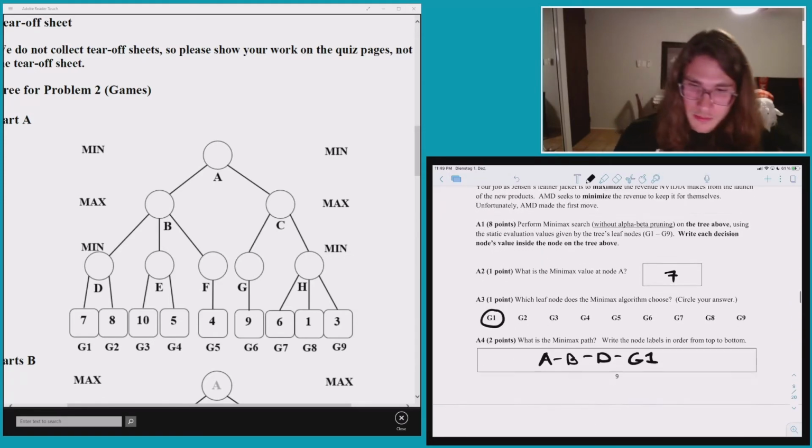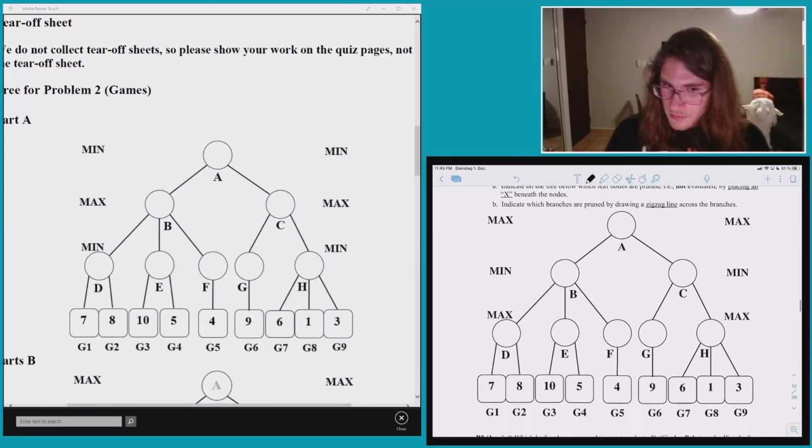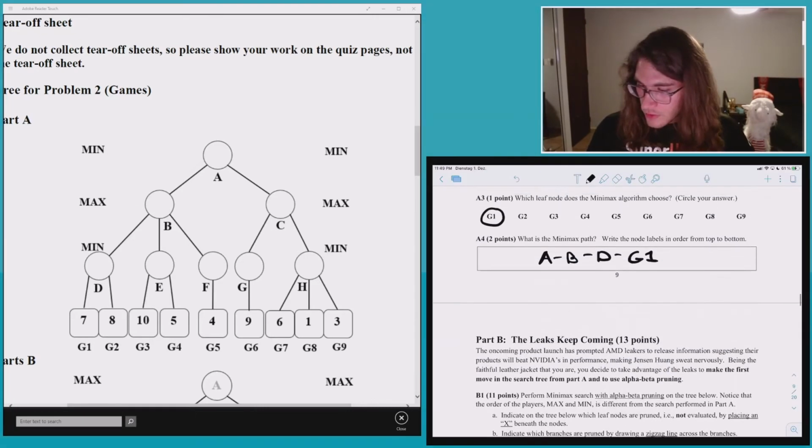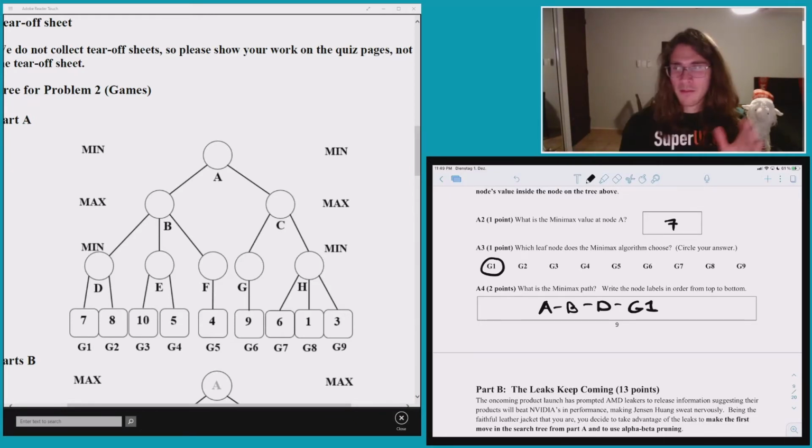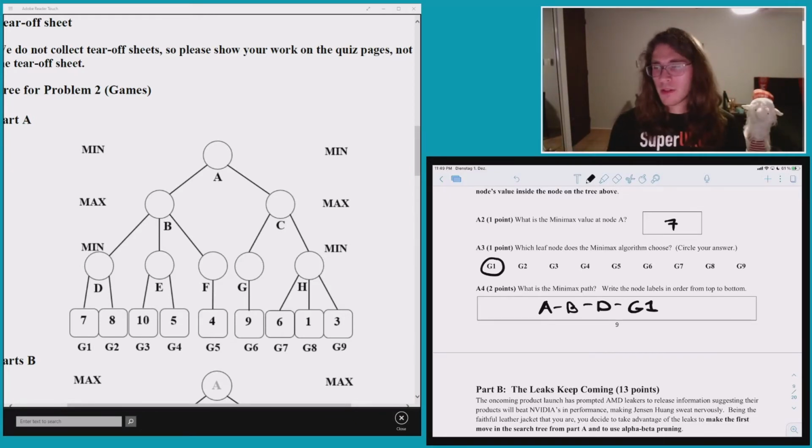Just double checking. So, to be strict, write the path from left to right, top to bottom. So A first, the root node first, and then the lower nodes afterward. Don't start with G1, just standard convention.